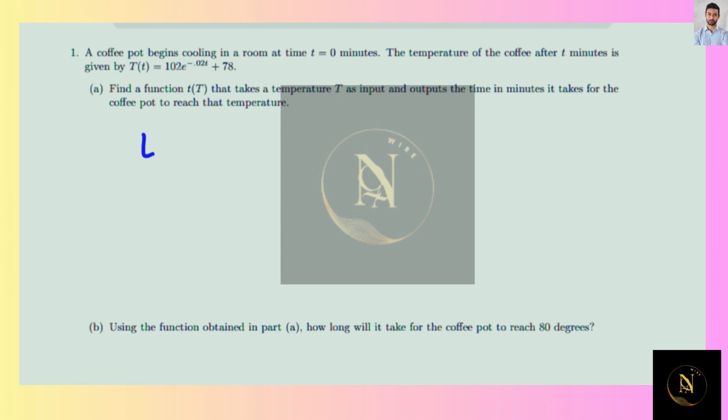So this would be lowercase t equals 102 e to the negative 0.02 capital T plus 78. To find the inverse, we interchange the variables and solve, because we're going to basically undo everything that the original function is doing. So we'll subtract 78 from both sides.